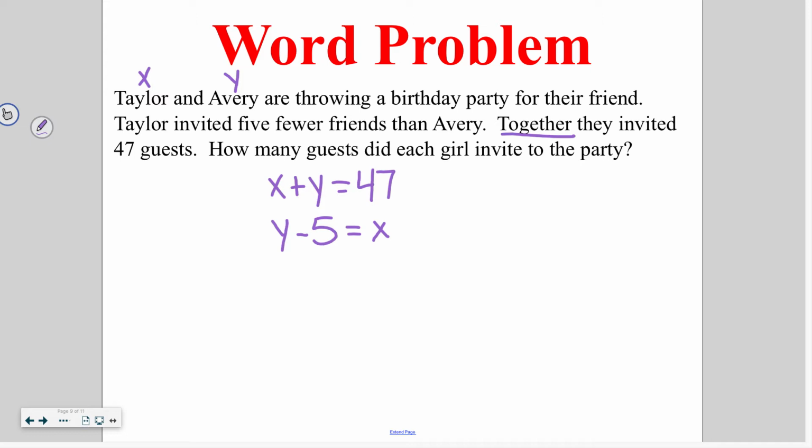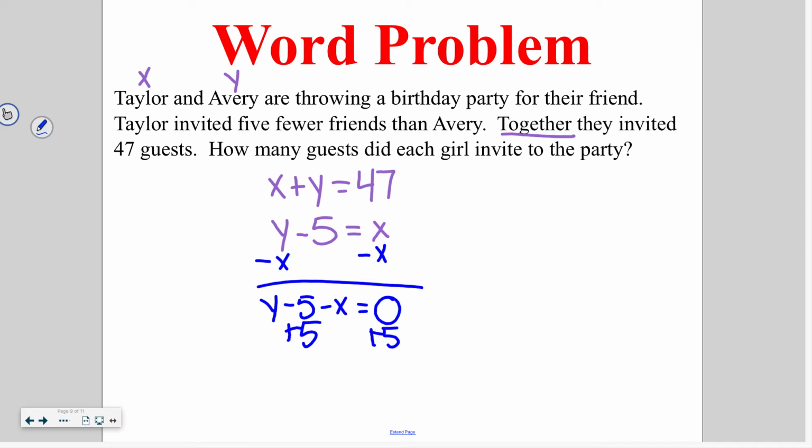So I'm going to move the x over to this side, and I get y minus 5 minus x is equal to nothing. We don't want the 5 to be with our variables, so we're going to go ahead and add 5 to both sides.